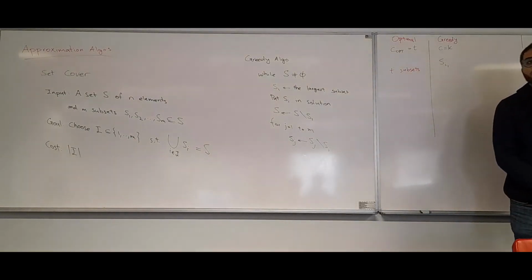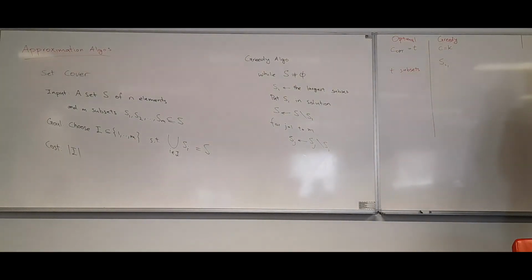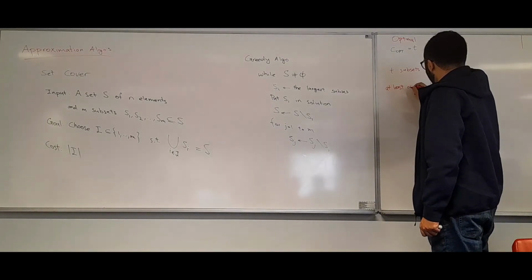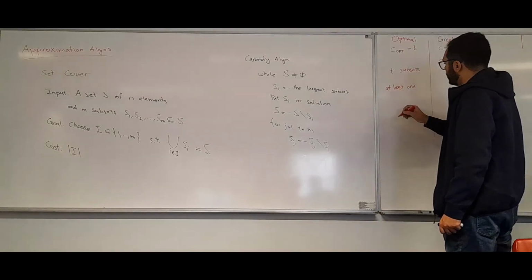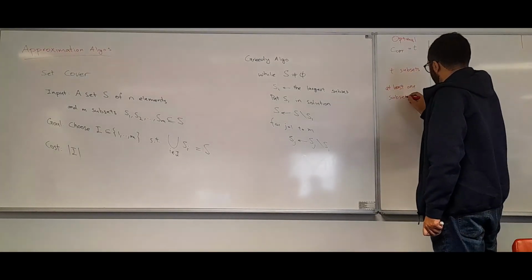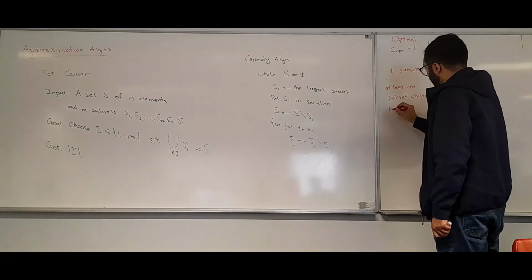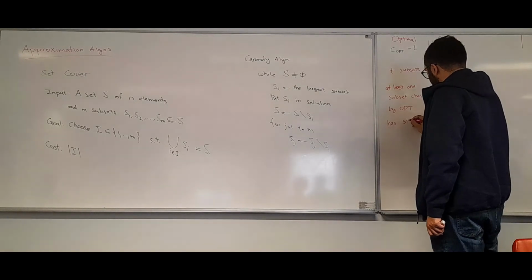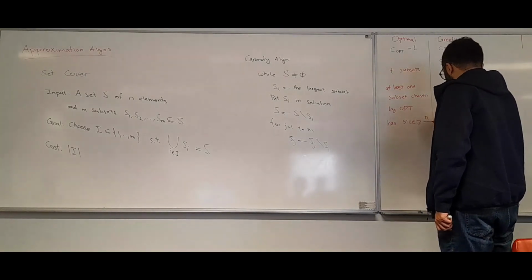Now, what can I say about the size of these T subsets? If I have T subsets that are covering n elements, then I can just use the pigeonhole principle, and I can say that there is at least one of these subsets that is covering n over T elements, right? So at least one of the subsets here, one subset chosen by the optimal algorithm, has a size that is greater than or equal to n over T.